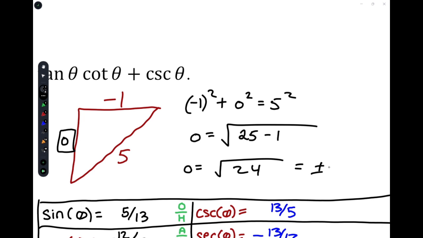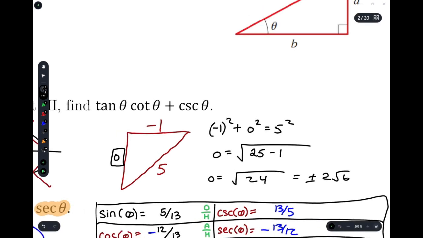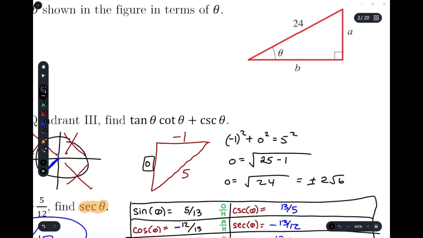Plus or minus 2 root 6. And then we got to decide, is it plus or is it minus? So it's minus.